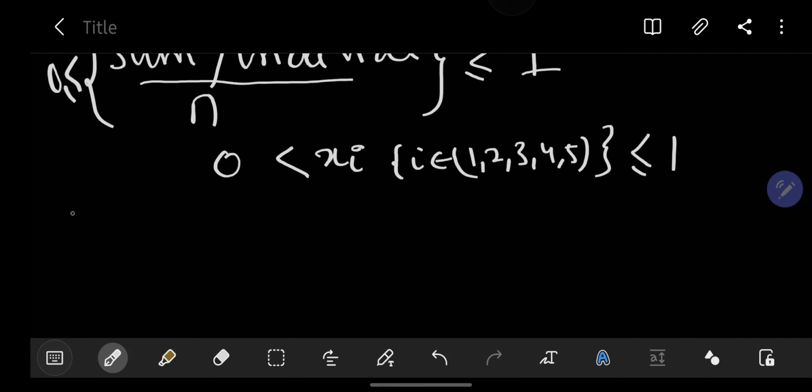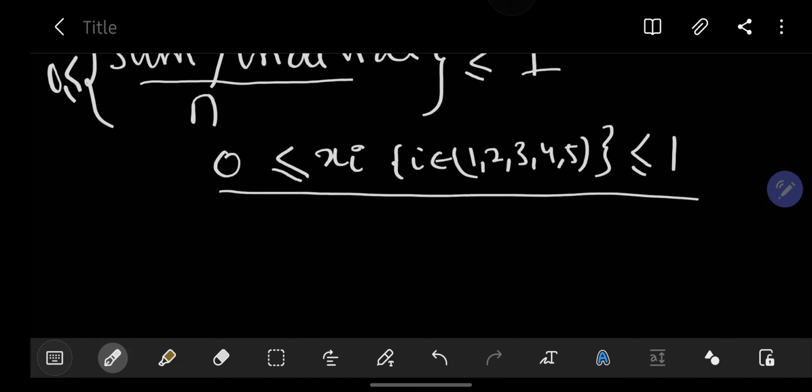In summary, if you need to write it down, you may pause the video and write it. All the frequencies are between 0 and 1. If in a table it is not true, you may say that it's a misleading table, or it may not be a categorical variable, for instance.